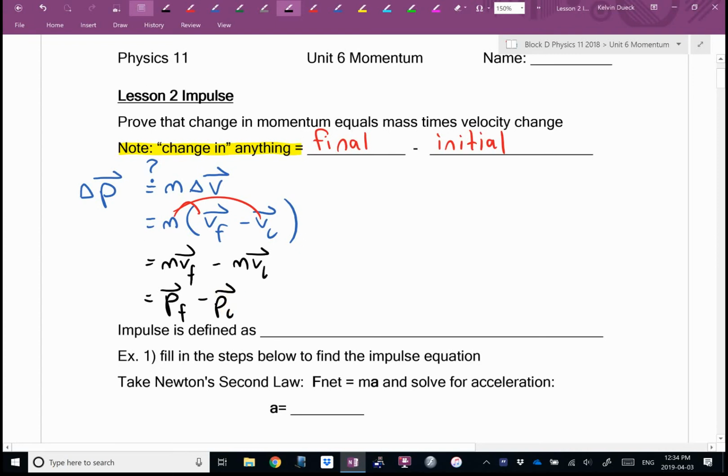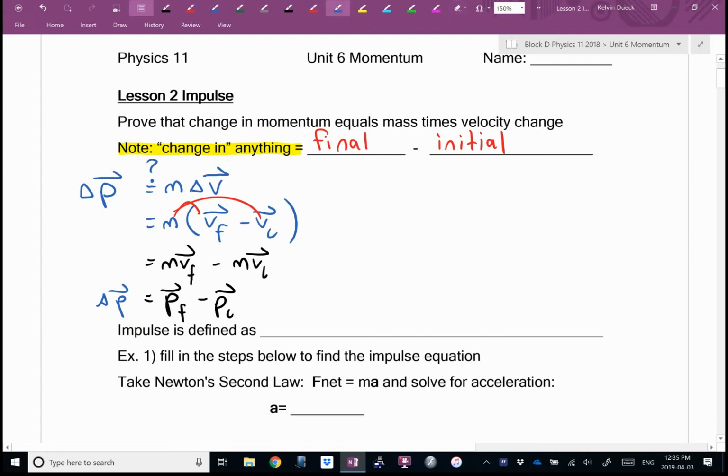And mass times velocity initial is initial momentum. I just saw a couple of students' eyes go, oh, I see where he is. What's final minus initial the same as? Which is what I was trying to prove. I was trying to prove that mass times change in velocity is the same as change in momentum. I started on the right side and ended up with the left side.